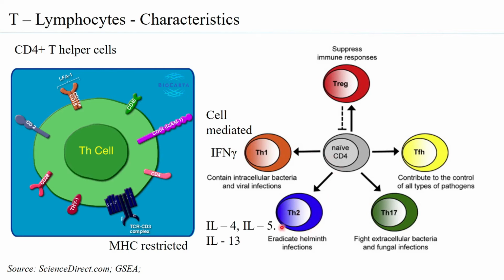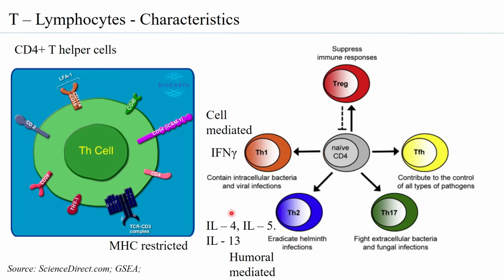Now, the Th2 subset of the naive CD4 is releasing other cytokines like IL-4, IL-5, IL-13. And these IL-4 and IL-5 are able to activate B cells and lead to what is called humoral immunity, because the B cells on activation are going to produce antibodies specifically for the antigen that the naive CD4 has encountered.